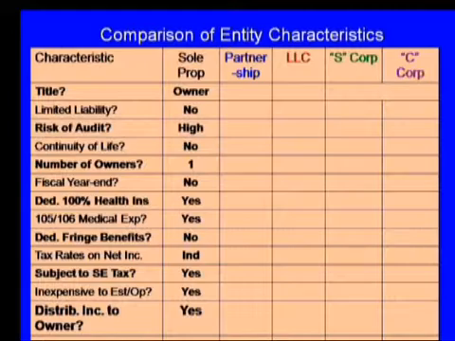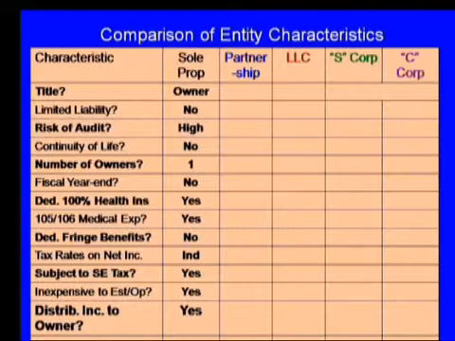I'll review some of the positives and negatives. I have a list here. Limited liability, probably the first negative is that there is an unlimited liability risk if you're a sole proprietor. All your personal assets and your business assets could be drawn into a court case liability situation if something went wrong with your business.